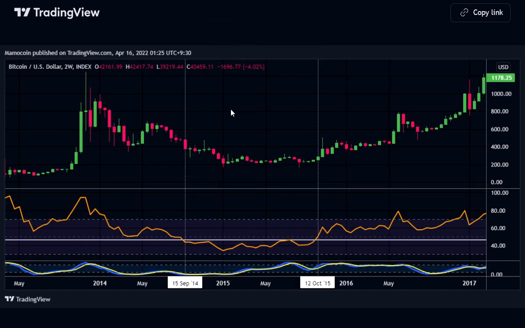We see that again during the 2014-15 bear market here. Once we broke below the 46 level on the RSI on the 2-week time frame, we had a decent capitulation, again a 50% drop at least. We spent time below this level as we bottomed out in the bottom of the bear market. Reclaiming this level initiated the next bull run.